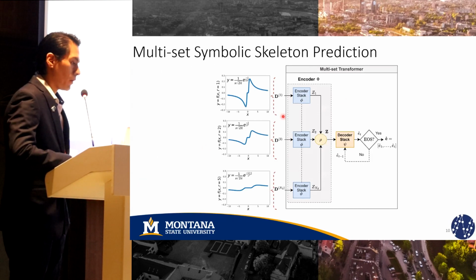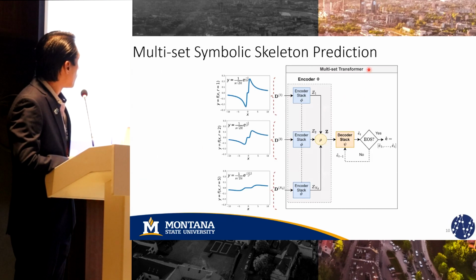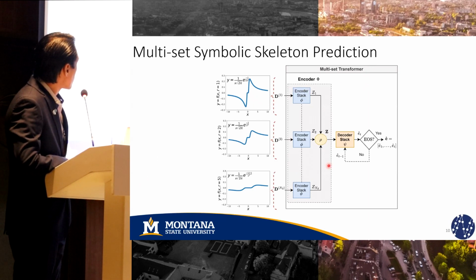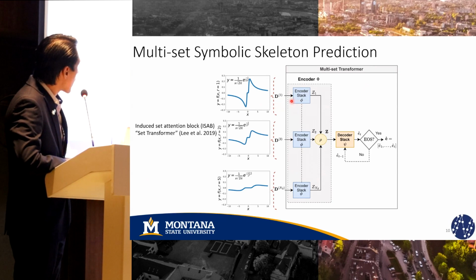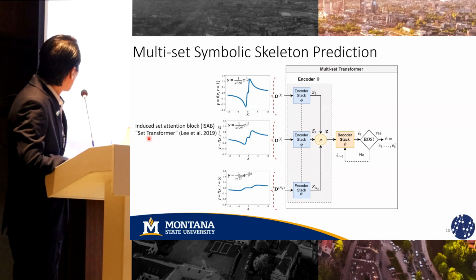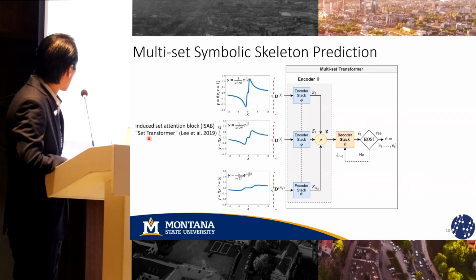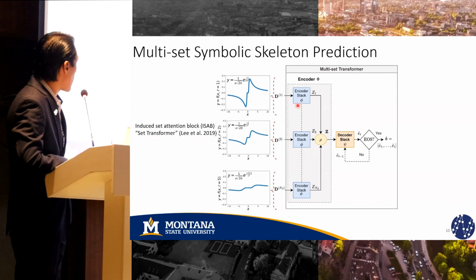So this is a simplified view of the multi-set transformer architecture that we're proposing. You can see that all input sets are being processed within the encoder, and specifically each input set is being processed using an encoder stack, which is an induced set attention block that was proposed in the original Set Transformer paper.